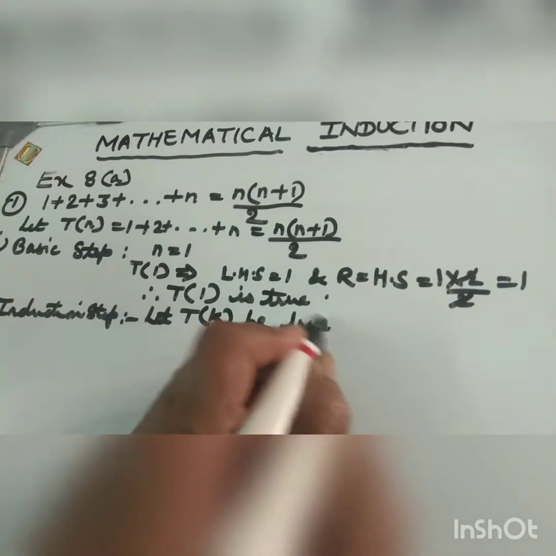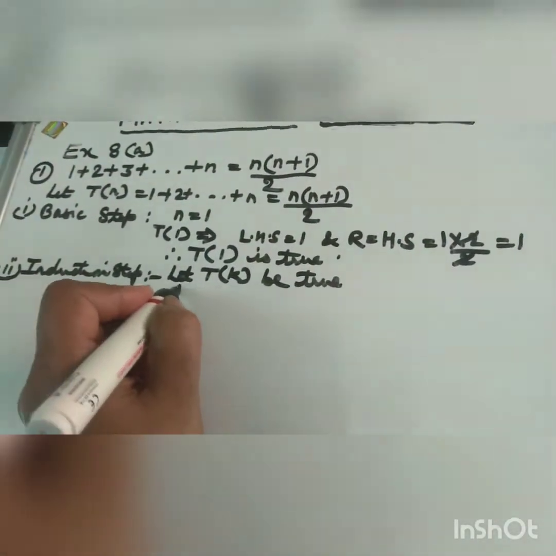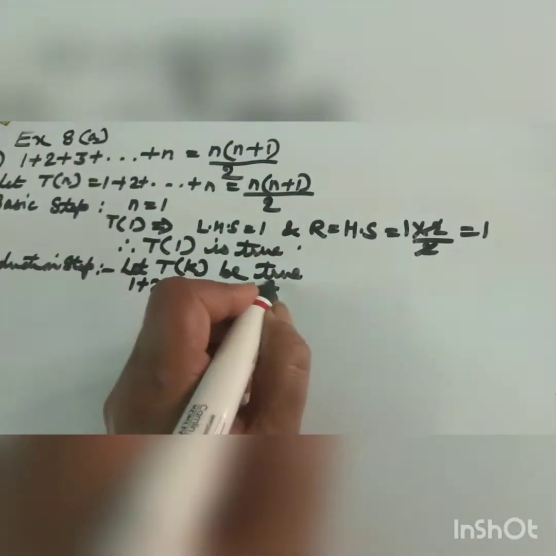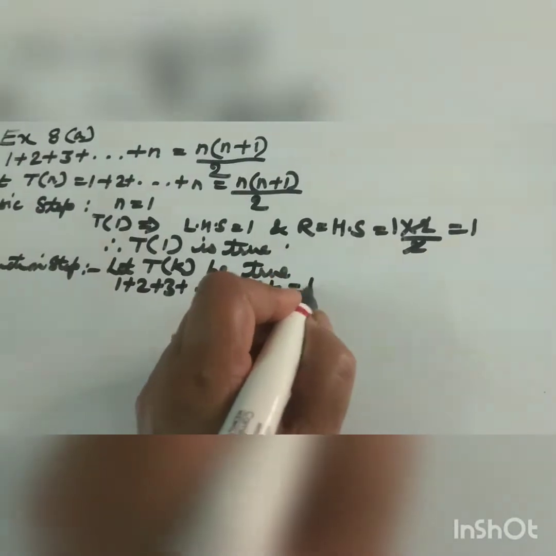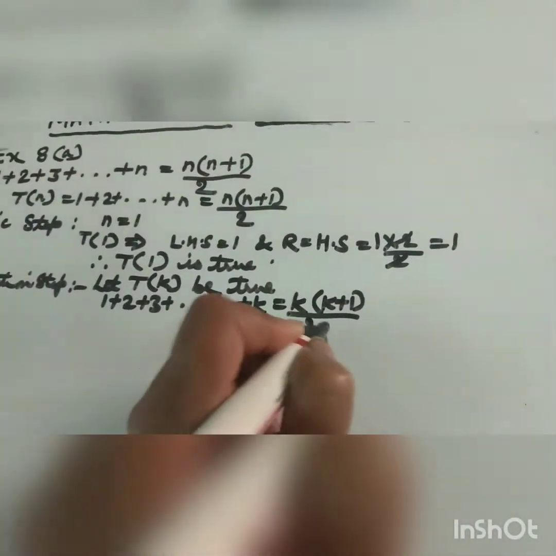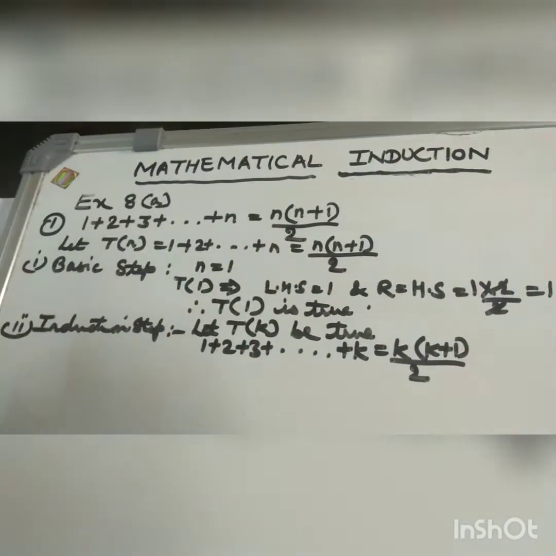Now if Tk is true, what does it mean? 1 plus 2 plus 3 plus dot dot up to k is equal to k into k plus 1 by 2. Hence, we are assuming this to be true.